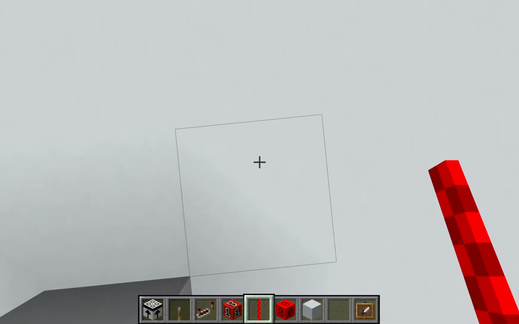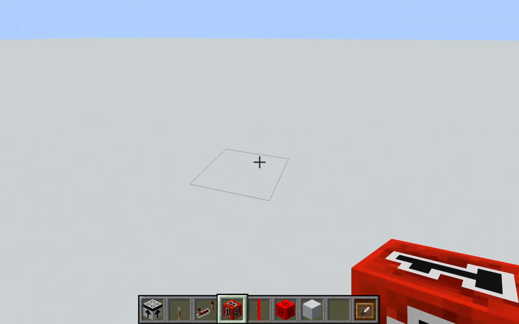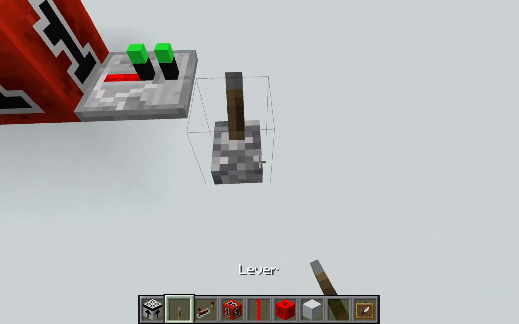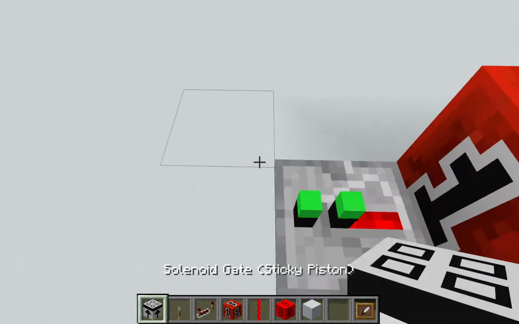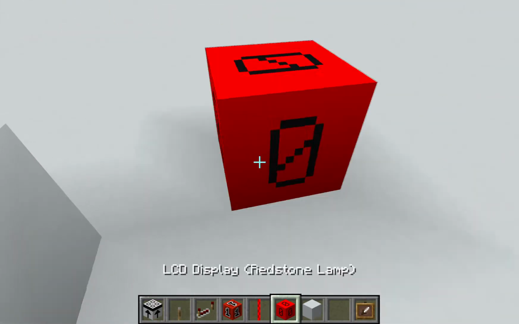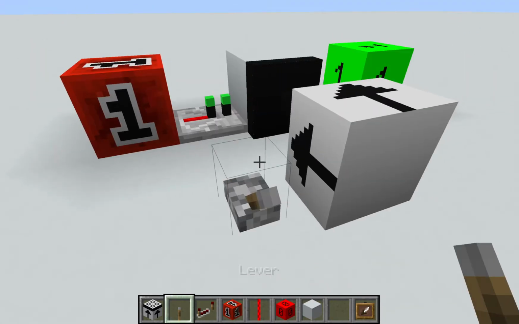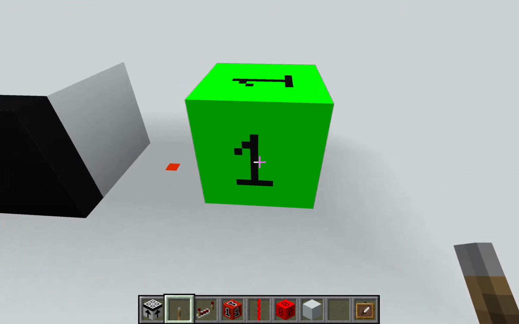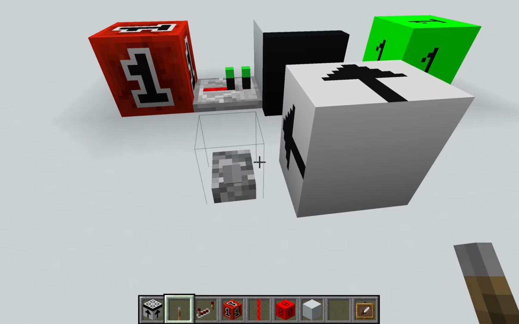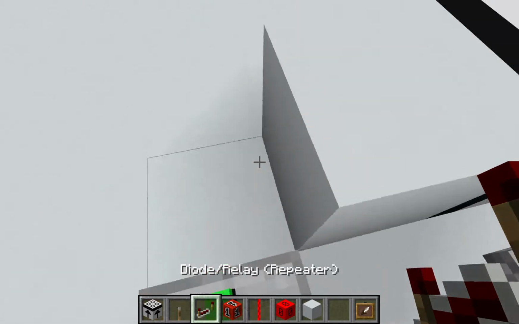So, in the 1900s, it was long known that if you got a power source, you got a switch, and did that, you'd end up with a redstone lamp that was on, or a light or something. Right? But what if you put 2 in a row?